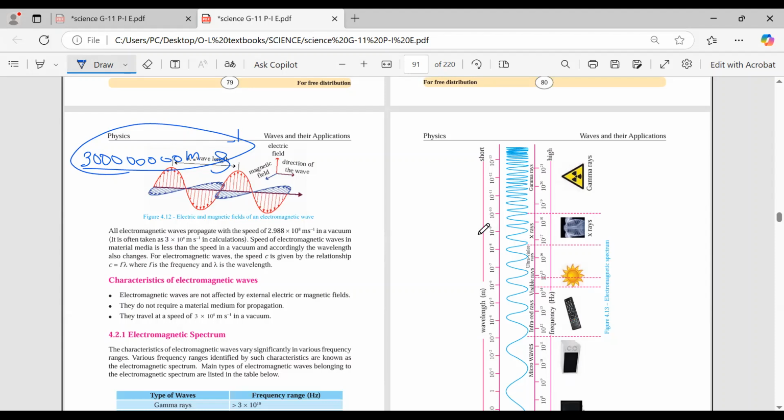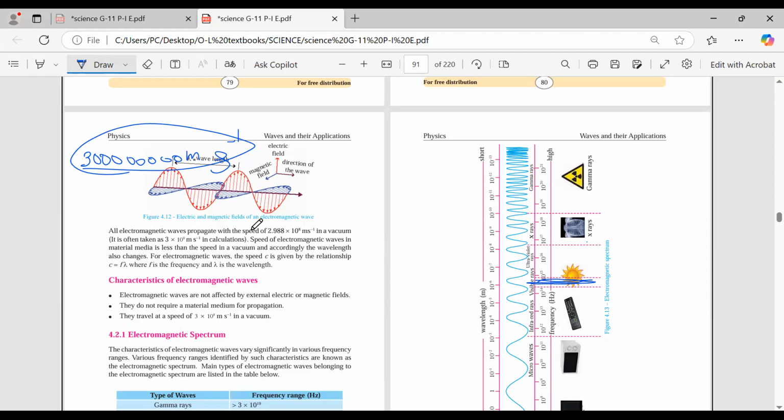So if you can see on the screen, page number 81, light, the visual range or the visible rays that we can see, is in here. It's one type of electromagnetic wave. Then you have the infrared, the microwave, the ultraviolet, the X-ray, the gamma rays.